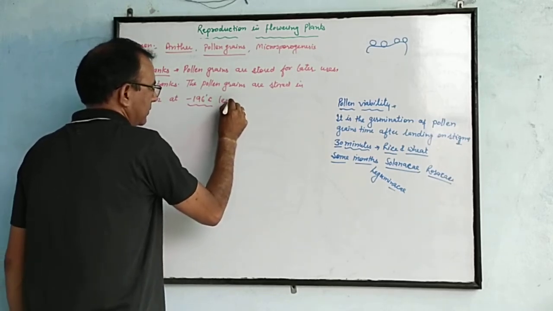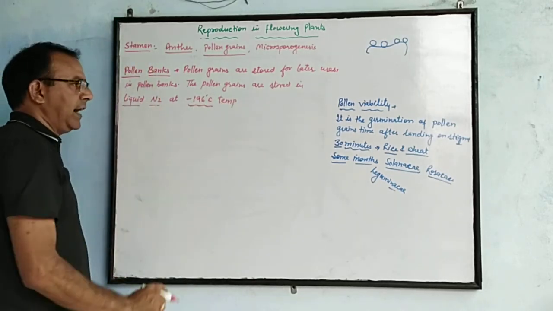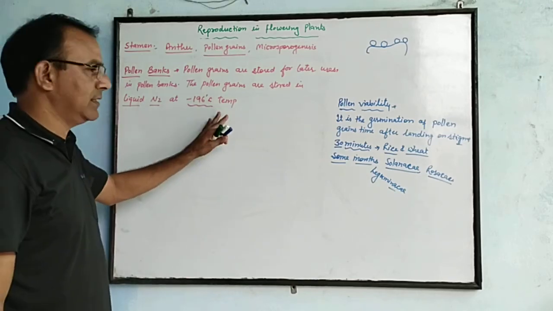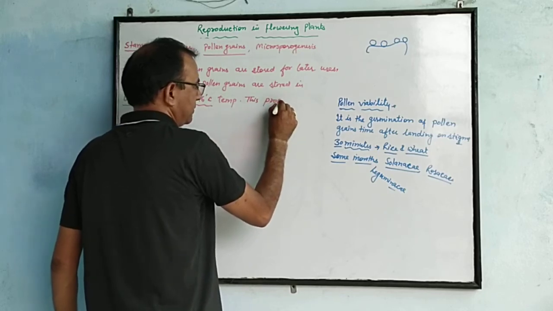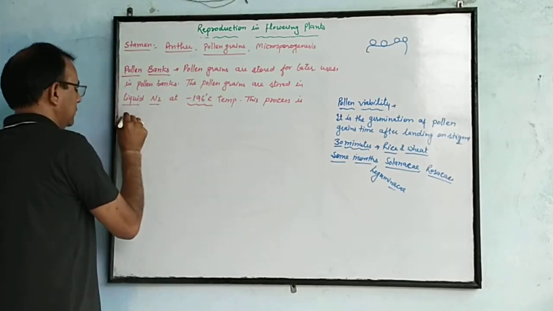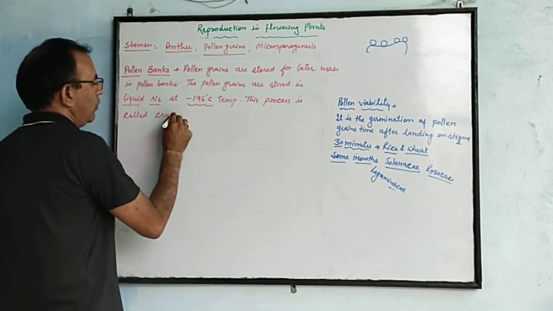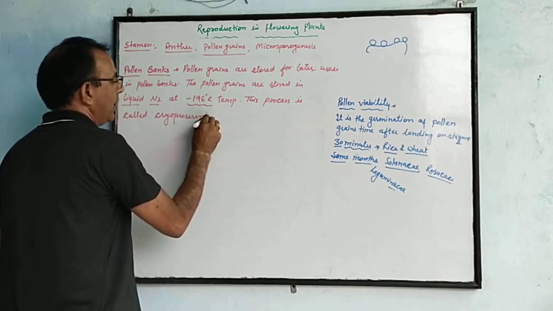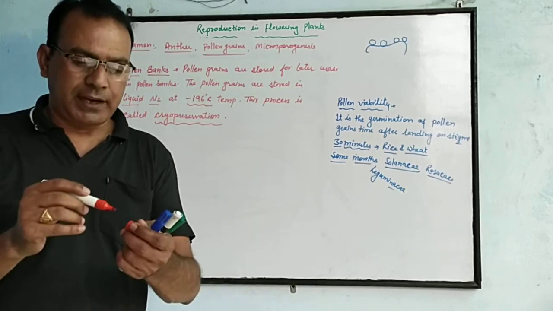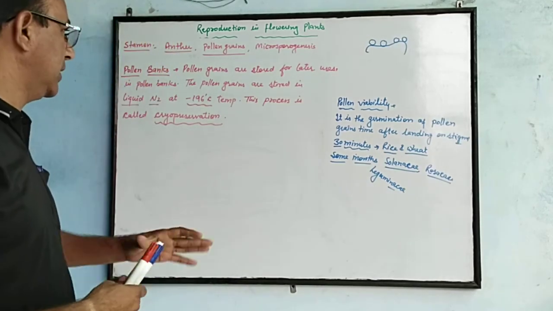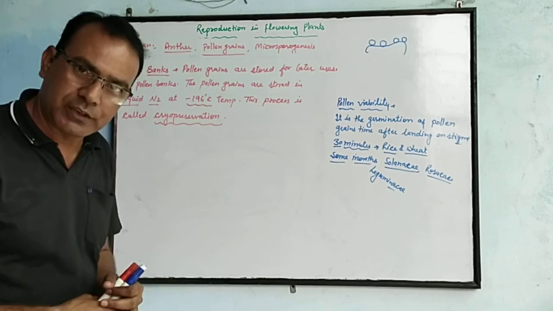This process is called cryopreservation. What is cryopreservation? Storing pollen grains in liquid nitrogen at minus 196 degrees Celsius so that we can use these pollen grains later. This is called cryopreservation. Clear?